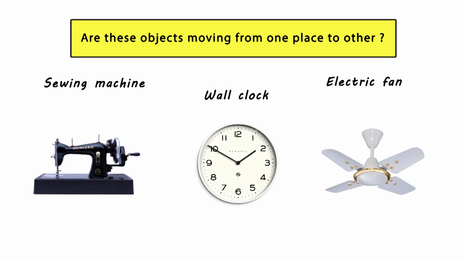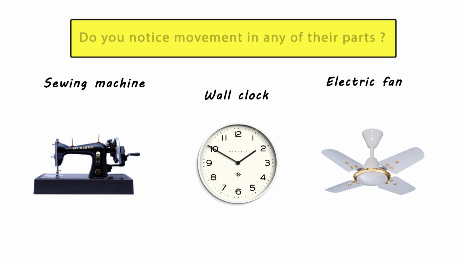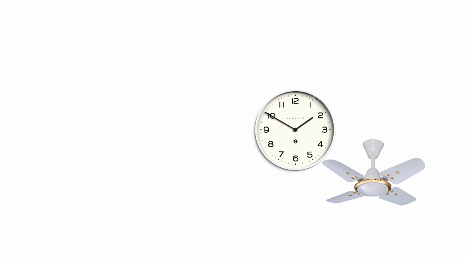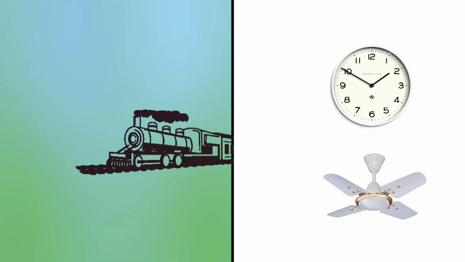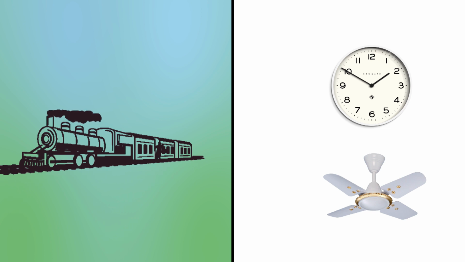Not exactly. But do you notice the movement in any of their parts? The blades of a fan or the hands of a clock, how are they moving? Is their movement similar to that of a train? No, it's very different. Let us look at some of the types of motion to help us understand these differences.